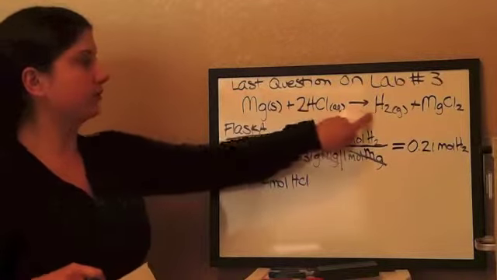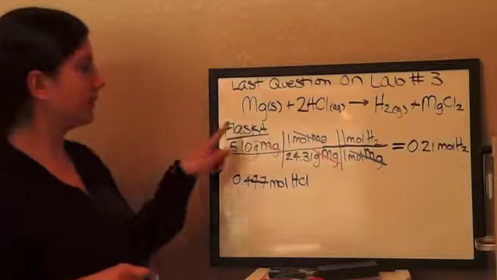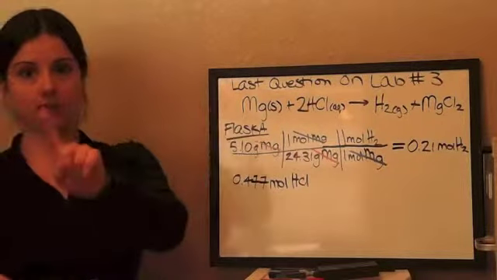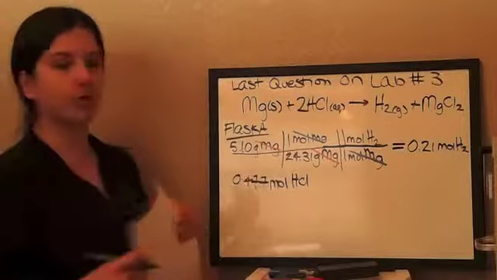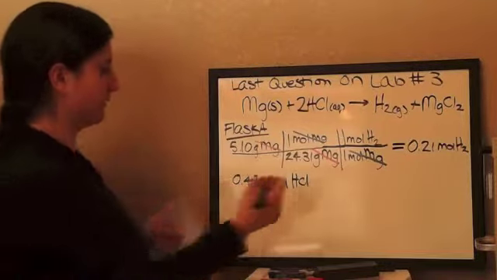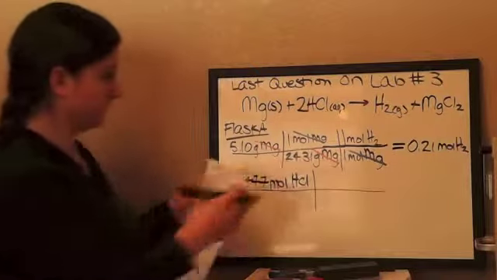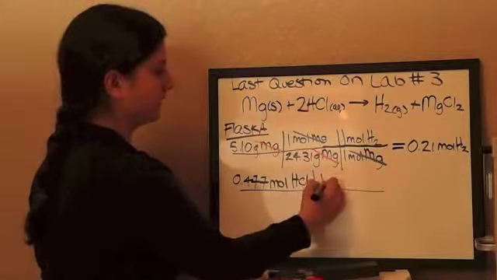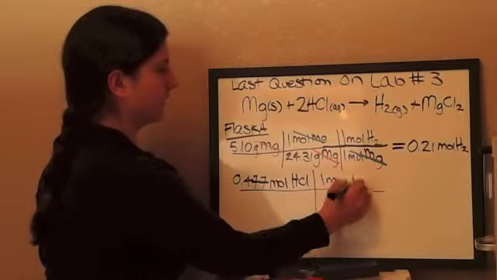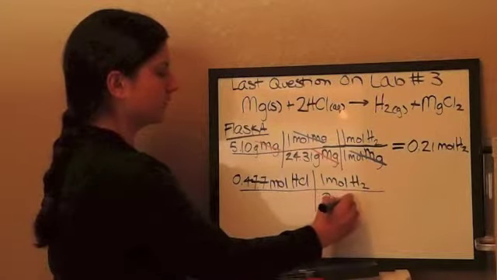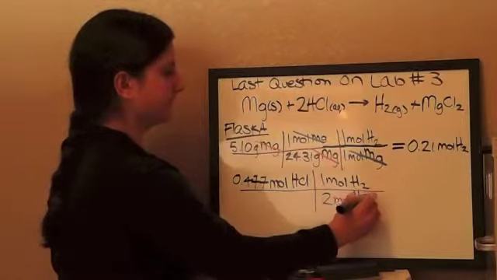They're in a 2-to-1 ratio. Remember, in an equation like this, if there's no coefficient, it means 1. So we have 1 mole of hydrogen gas for every 2 moles of hydrochloric acid.